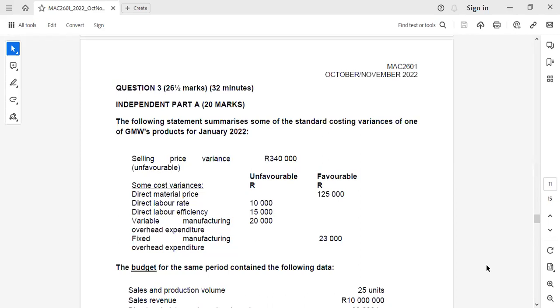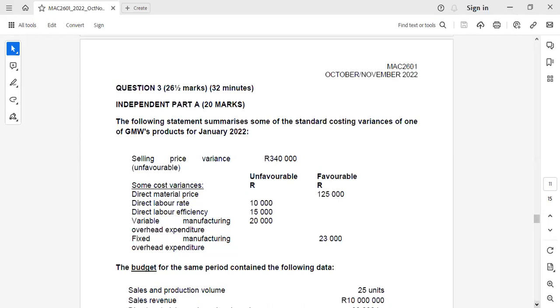Right, remember that in standard costing, they compare the actual to the standard performance. Then adjustments will be made accordingly. So we compare our standards to our actuals, and then there will be adjustments that will be made to check what were the differences that happened, and maybe get the reasons behind any differences that happened.